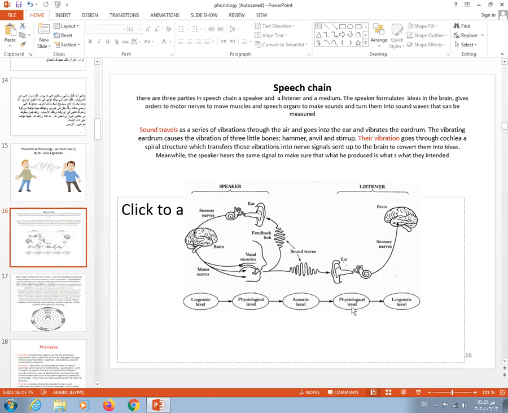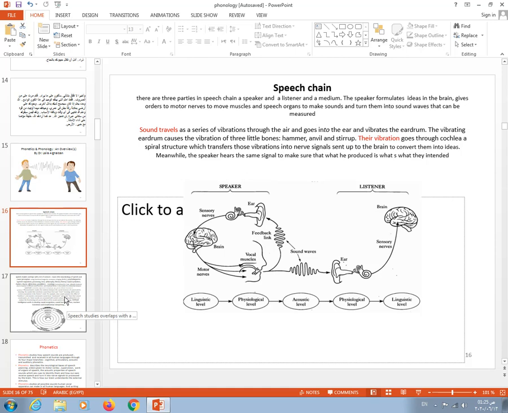Then the listener receives the sound waves through his or her ear, which is the physiological level again, and then when the processing takes place and the message moves up to the brain, this is what we call the linguistic level. So we start with the linguistic level, the brain of the speaker, and we end with the linguistic level, the brain of the listener. And that chain goes on and on as we see.